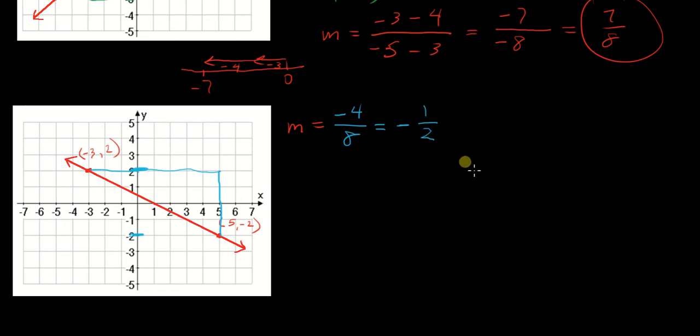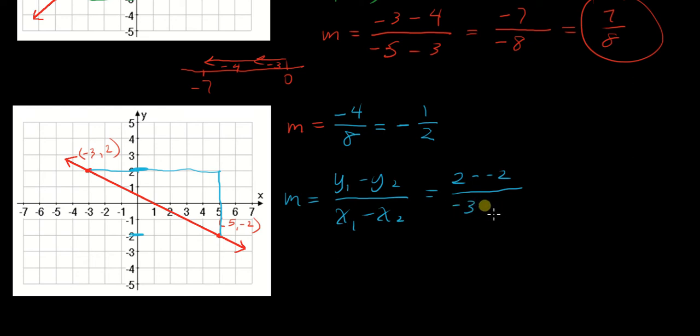And there's our slope. Now let's use the formula. So 1y minus the other over 1x minus the other. Okay, so I guess I'll do this point minus this point, the upper point minus the lower. So upper y minus lower y, upper x minus lower x.